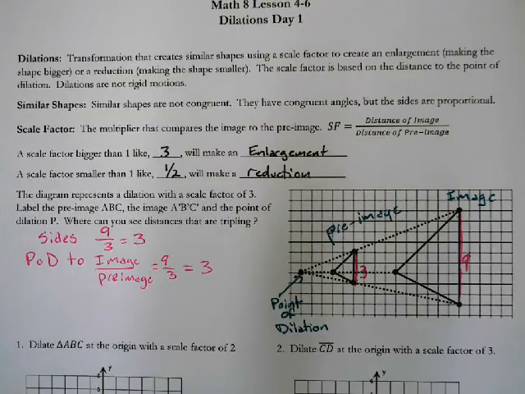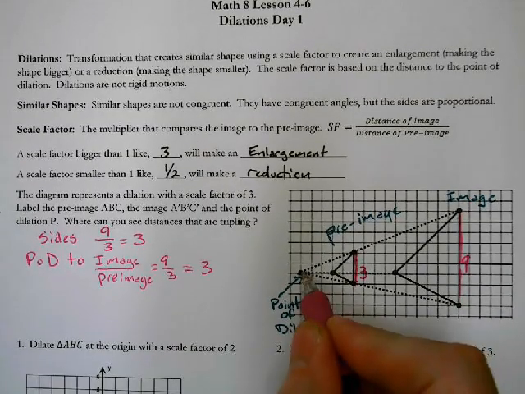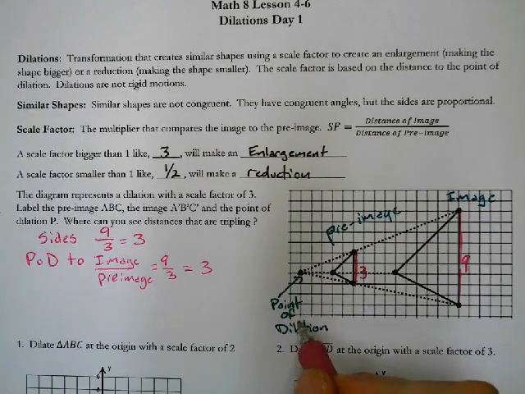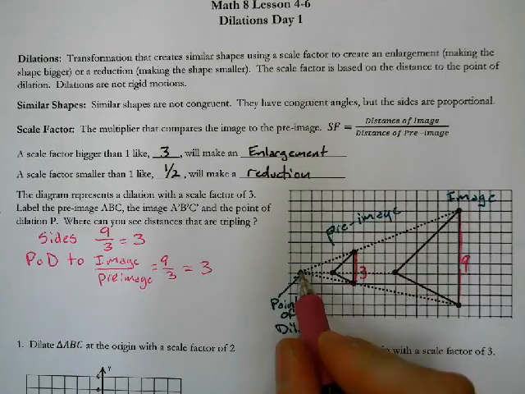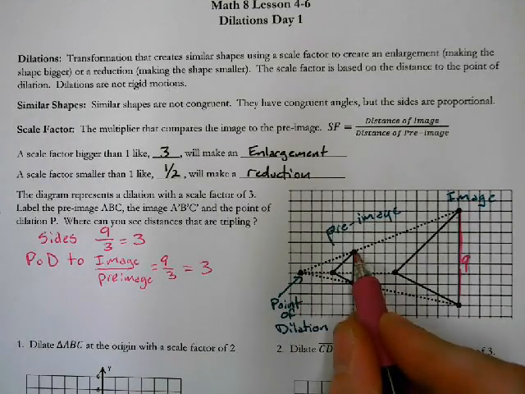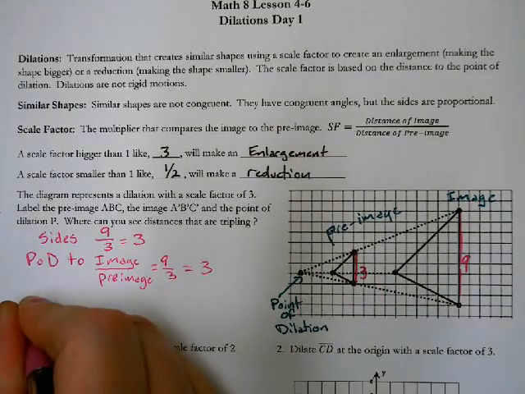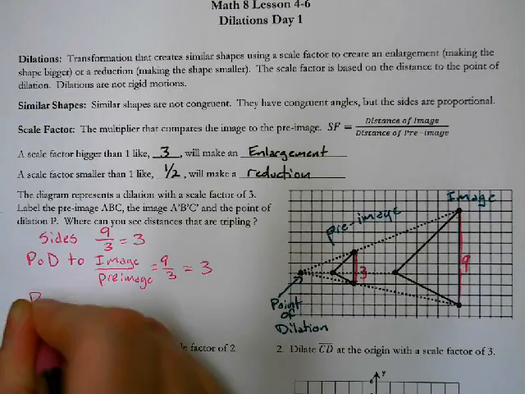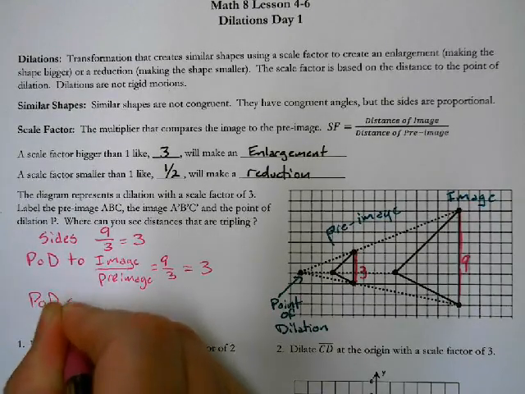Where else? I can see if I take my slopes from the point of dilation to the image and the point of dilation to the pre-image. So the point of dilation slopes, we can also see are tripling.